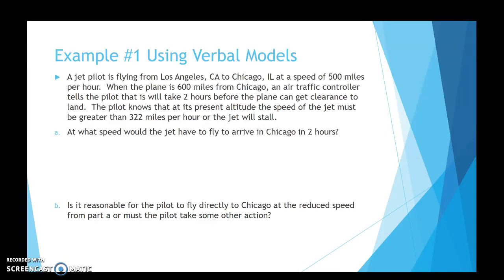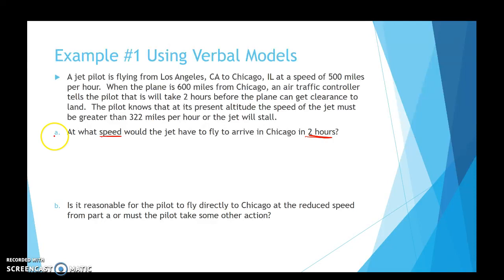The pilot knows that at its present altitude, the speed of the jet must be greater than 322 miles per hour or the jet will stall. The first part of this verbal model says, at what speed would the jet have to fly to arrive in Chicago in 2 hours?